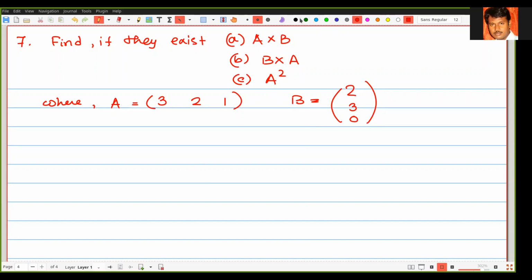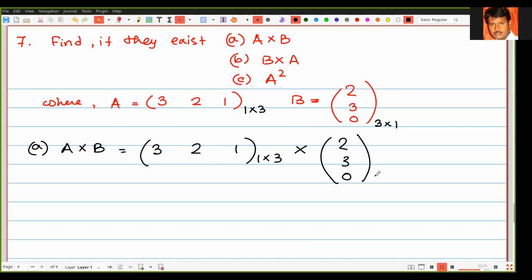So now, at first, A, that means [3, 2, 1], is 1 row and 3 columns, so 1 cross 3, and B is 3 rows and 1 column, that means 3 cross 1 order. For the very first one, A cross B, we can multiply that, as the column number of A is 3 and the row number of B is equal to 3.